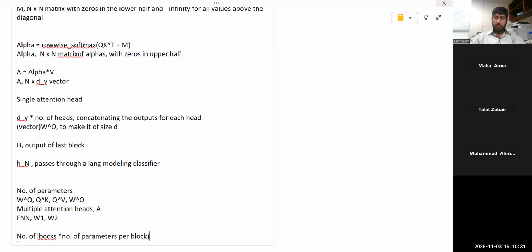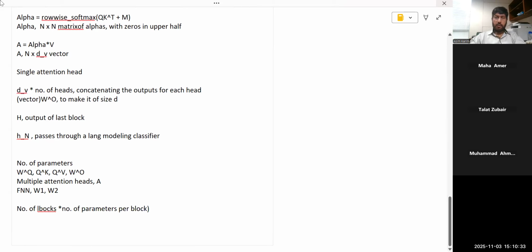So if you use some approximations, as shown in the slide, then you can simply approximate it as 12 into L, the number of layers or blocks, into D squared. This is an approximation. If you want the exact number, we can compute it directly in the way I described above.